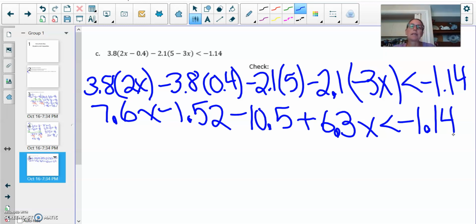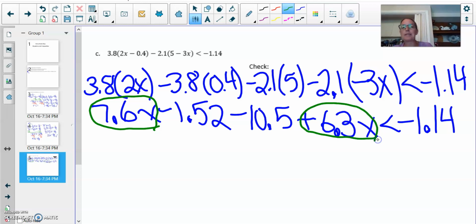Okay, so we distributed, we multiplied, now we're on to combining like terms. 7 6/10 x can be put with plus 6 3/10 x. When I combine those together, we get 13 9/10 x.